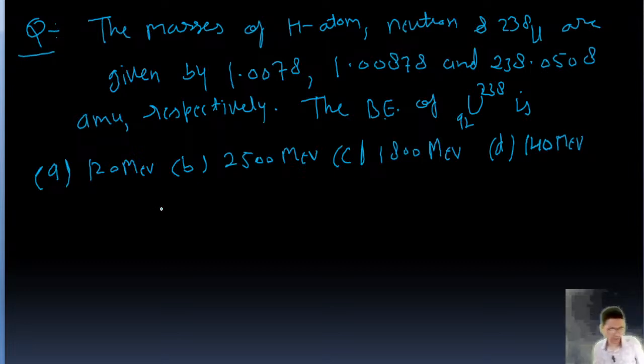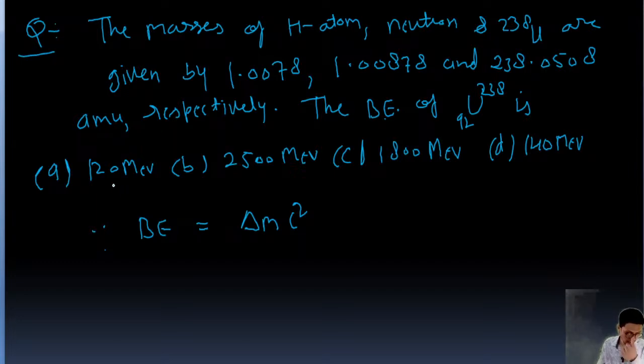Very simple question. Since we know here binding energy B equal to delta M C square, right? Delta M is the mass defect, right?